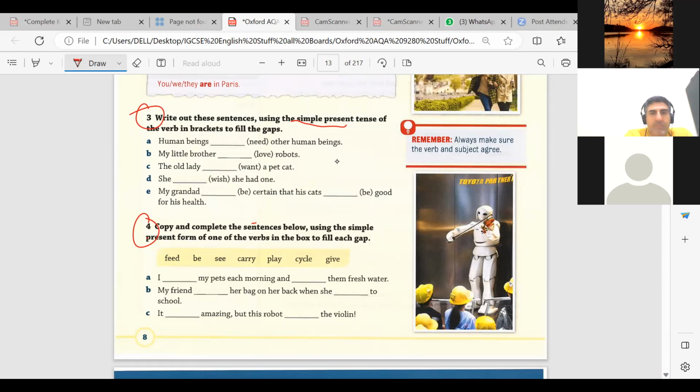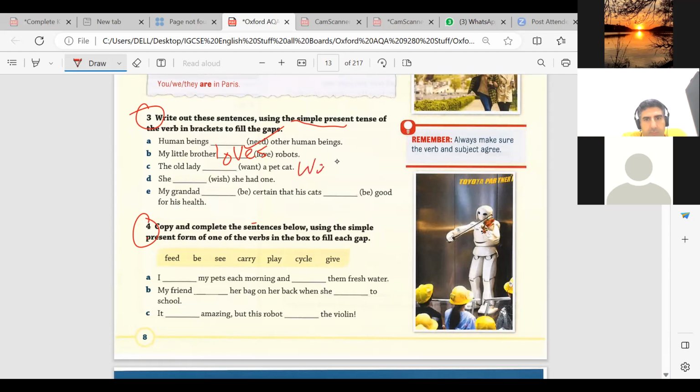Human beings need other human beings. No change. Yes. Okay, perfect. My little brother loves robots. Write loves. S or ES? Right, only S. Okay. The old lady wants a pet cat.